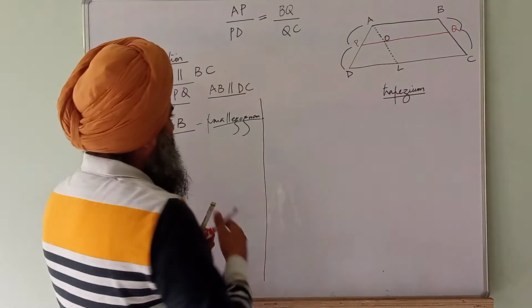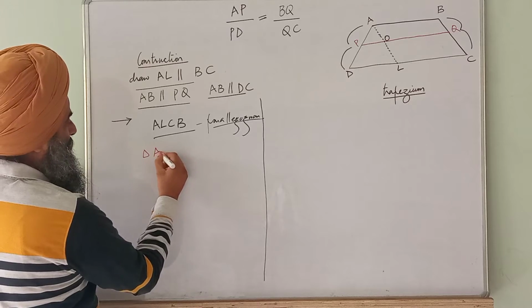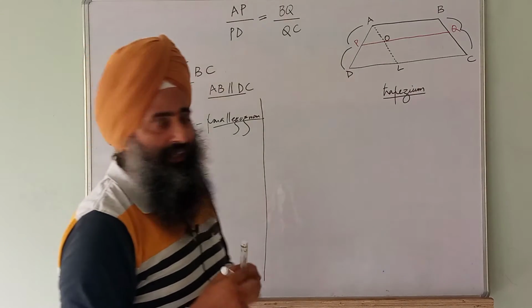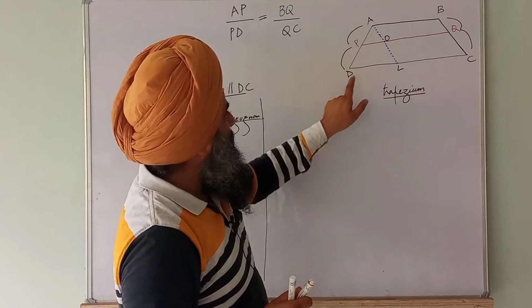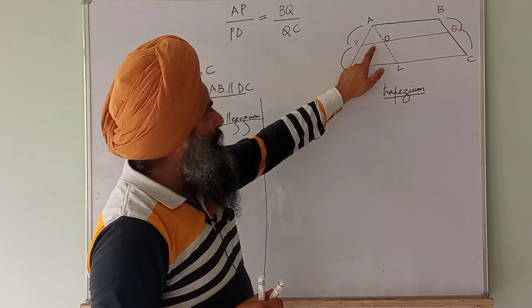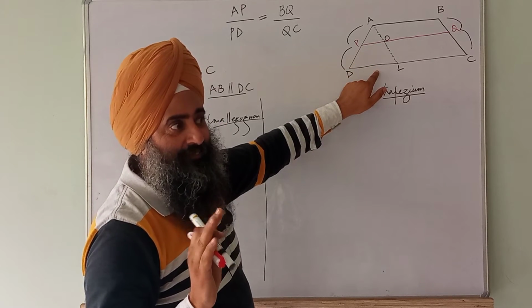Now you talk about triangle ADL. In this triangle, PO is parallel to DL. Do you agree? Why?